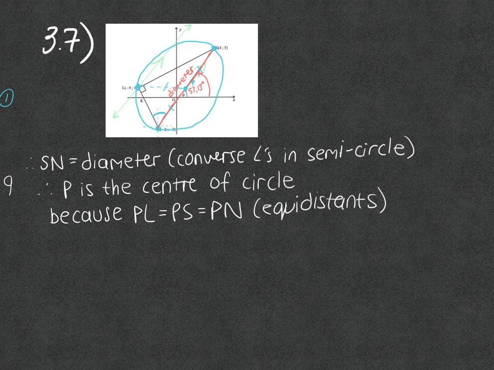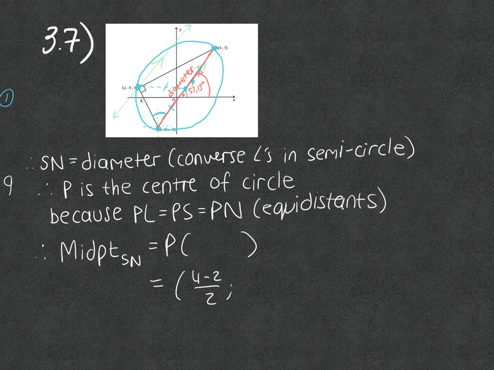Okay, so then you would just work out, therefore, midpoint of SN is going to equal your P coordinate, right? Which in this case is going to be x1 plus x2, so 4 minus 2 over 2, and 5 minus 3 over 2, which is going to give you 1 and 1.